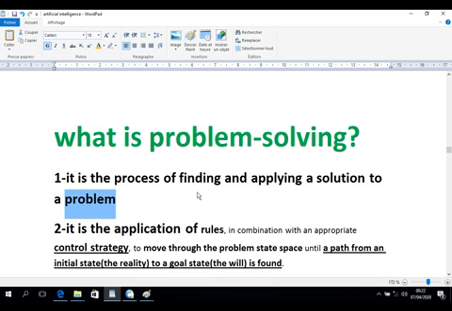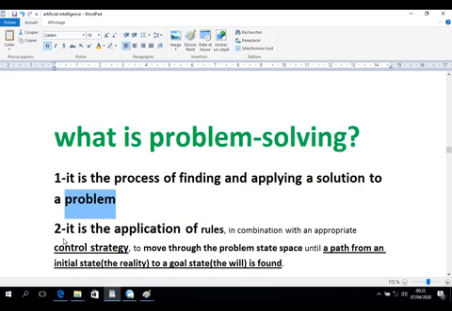For the board game, for example, we first of all determine the sequence of moves, and after that we apply that sequence of moves to convert the board from the initial state to the goal state.